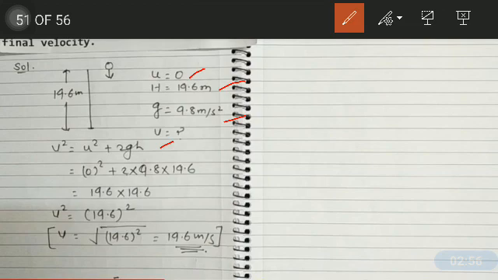Applying the third equation of motion, v square equals to u square plus 2gh. Since this is a downward movement, acceleration due to gravity is positive. Placing all the values, the final velocity is equal to 19.6 meter per second.